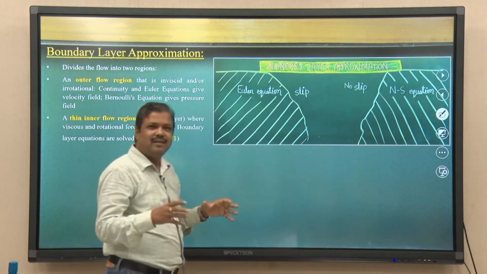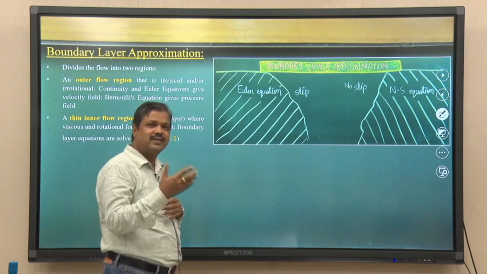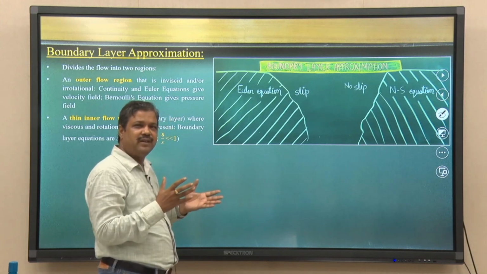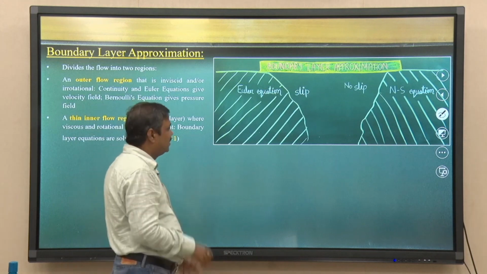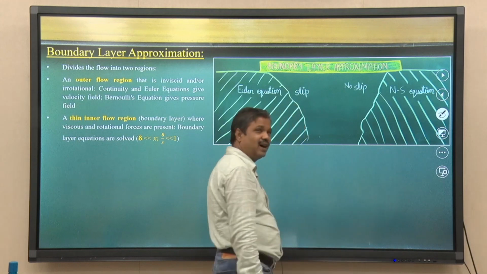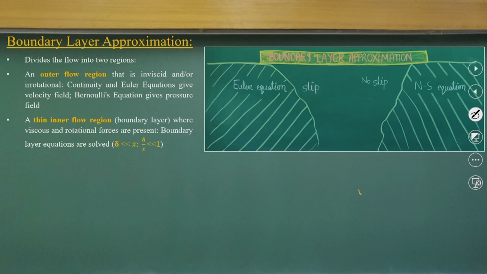But for automobiles, any flow past an object, the boundary layer is very thin, on the order of millimeters or centimeters. So, instead of looking at cars, people have considered, let us consider a simple plate, which is very easy. Okay.